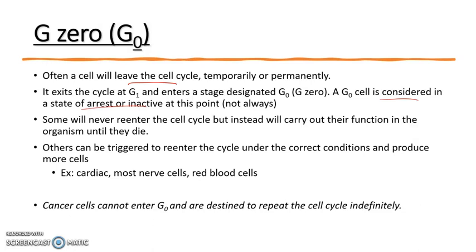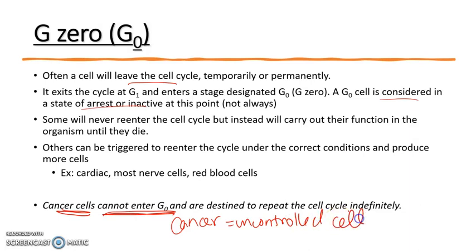They enter G0 and stay. But essentially the big picture here is in G0, they're not worried about dividing. Another point here, cancer cells cannot enter G0 because cancer is uncontrolled cell growth. So they continue to divide and divide and divide, and they will keep going through the cycle uncontrolled.